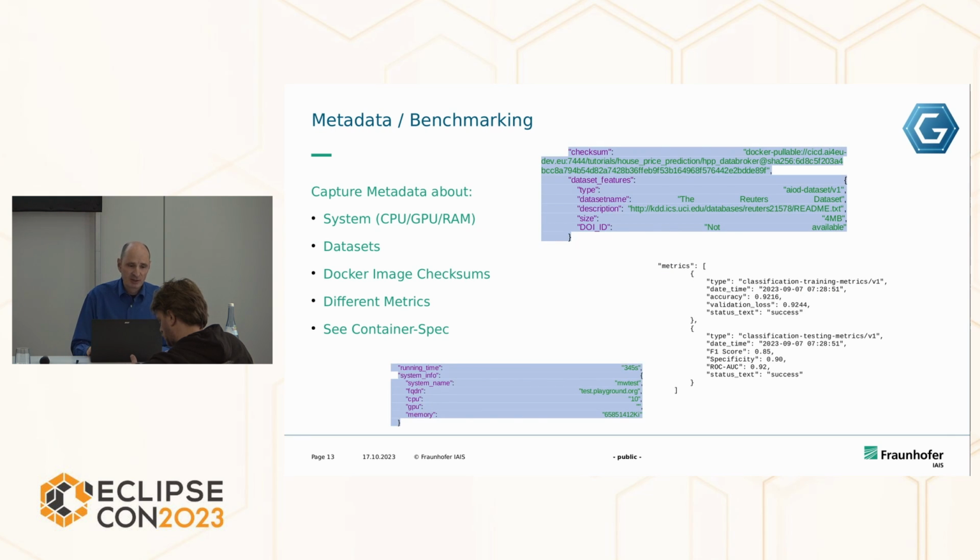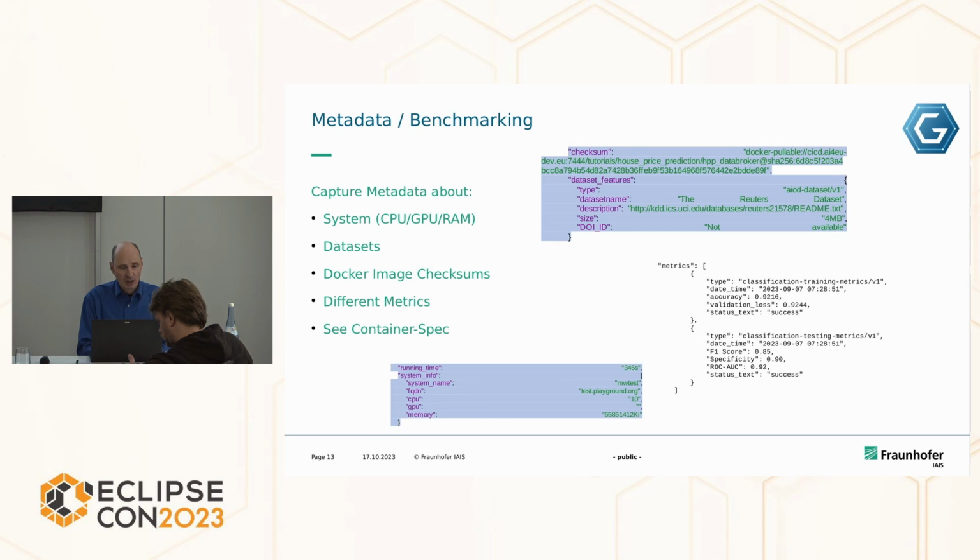Then we are collecting metadata for benchmarking. For example, we collect data about CPUs, GPUs, RAM, and metadata about the data sets, so that it is clear what data set has been used.